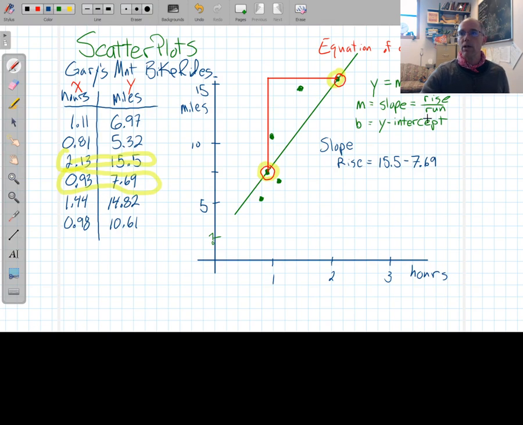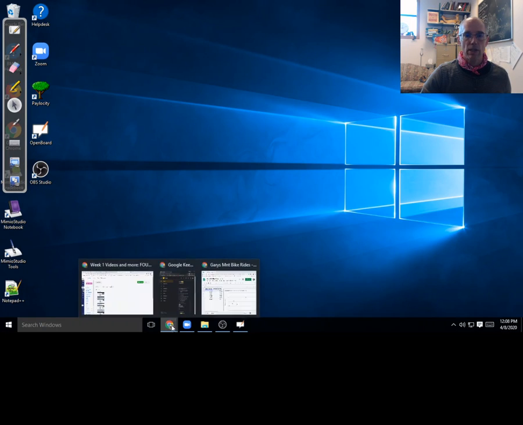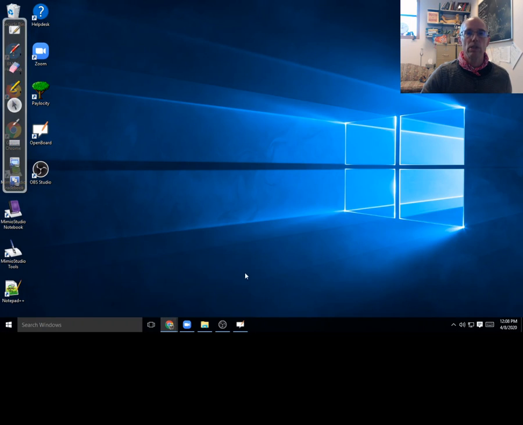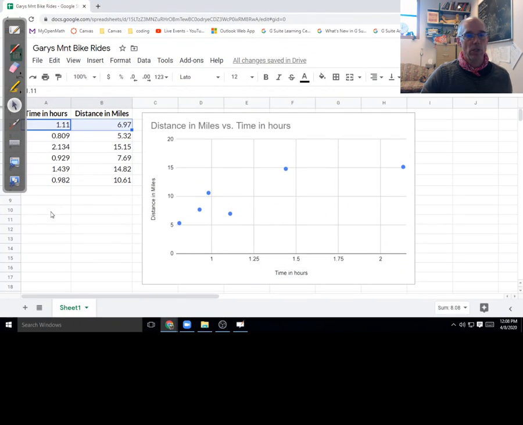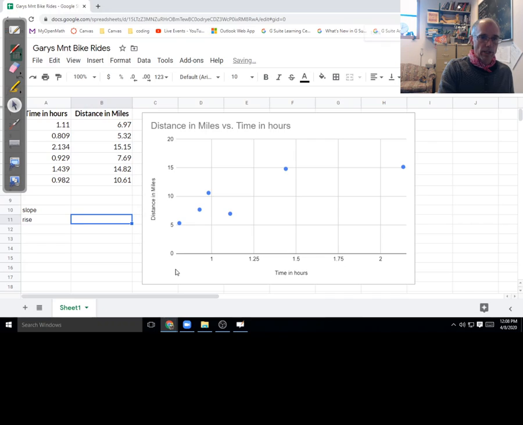And so we whip out our favorite calculator. And I need a calculator screen. Let's grab this. Oh, we might as well do it in here. Slope is rise. Let's blow that up.